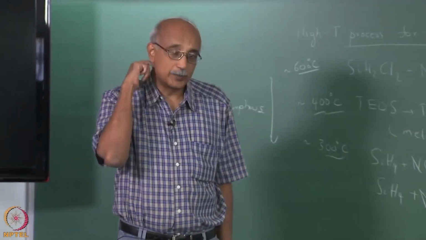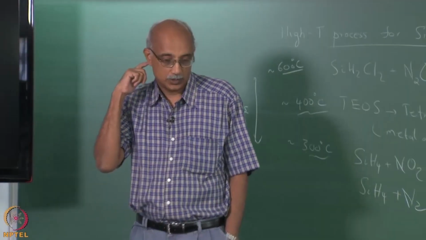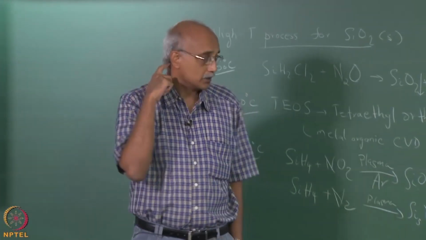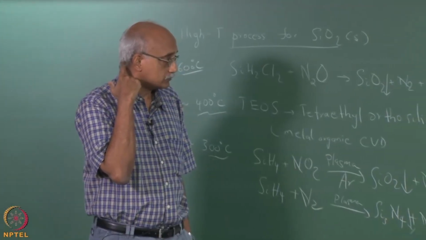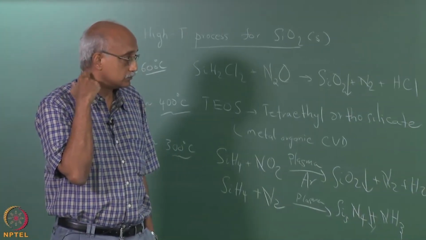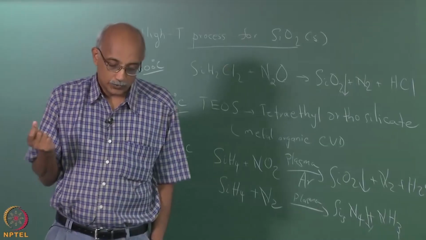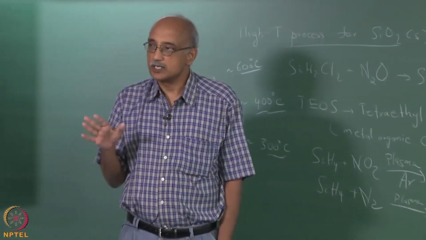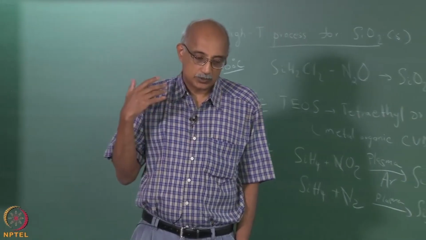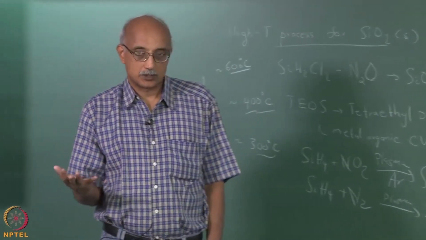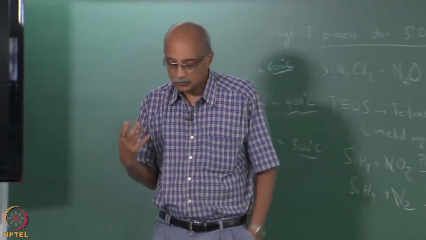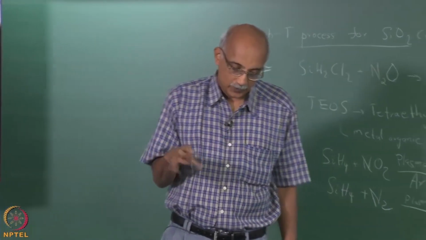When you use dopants, you have to be careful to control their concentration. For example, with boron, if you use too high a concentration, in fact the limit is about 8%. If you use more than 8% of the boron additive or dopant, what happens is it makes the film hygroscopic.